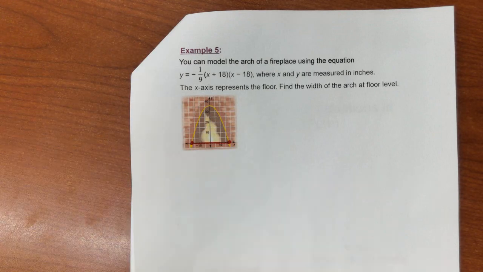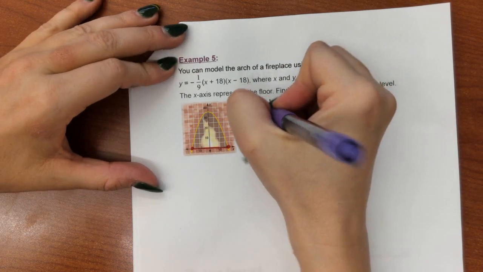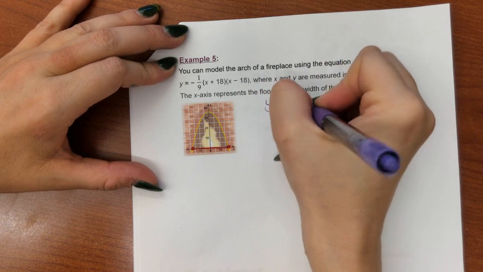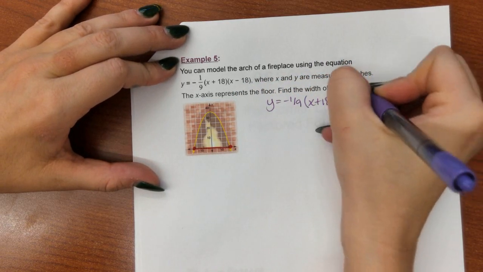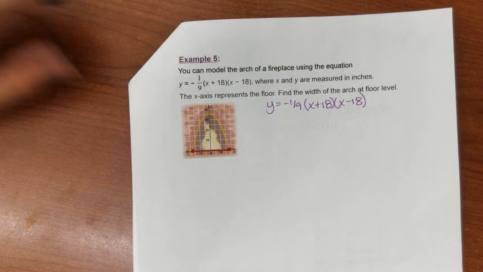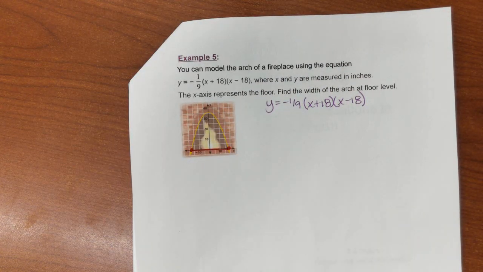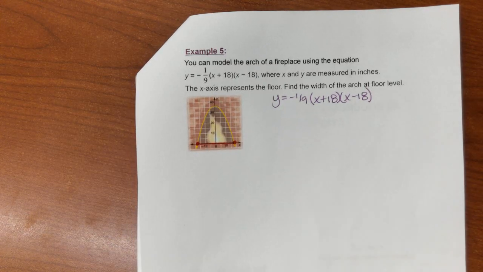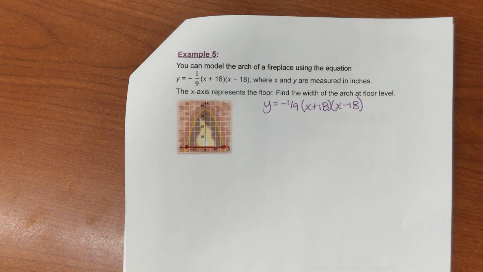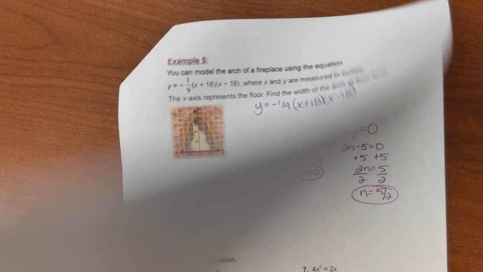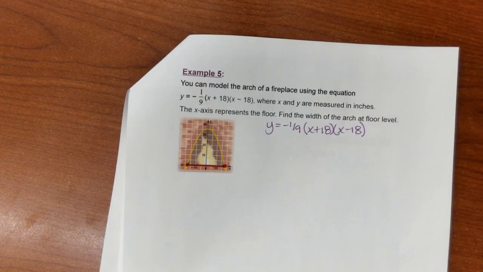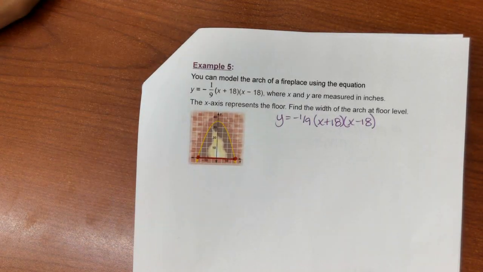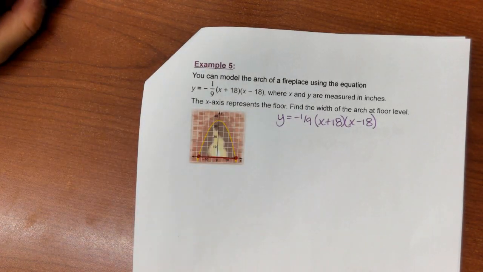So I want to find x-intercepts. X-intercepts are solutions. I have the equation here, and I want to find the x-intercepts. Well, x-intercepts are solutions, so essentially all I'm doing is solving this. Going back to our last example, what's our process for solving? 3 steps. First, I make it equal to 0. Right now, it's equal to y.